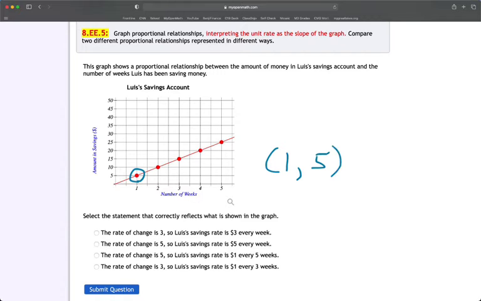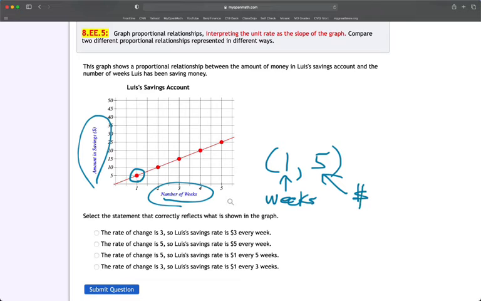Well, when we have 1, 5, 1 is referring to the number of weeks, and the 5, and I know that because of the labeling on the x-axis, or on the horizontal axis, and the labeling on the vertical axis is amount in savings in dollars. So if we sort of abbreviate that.